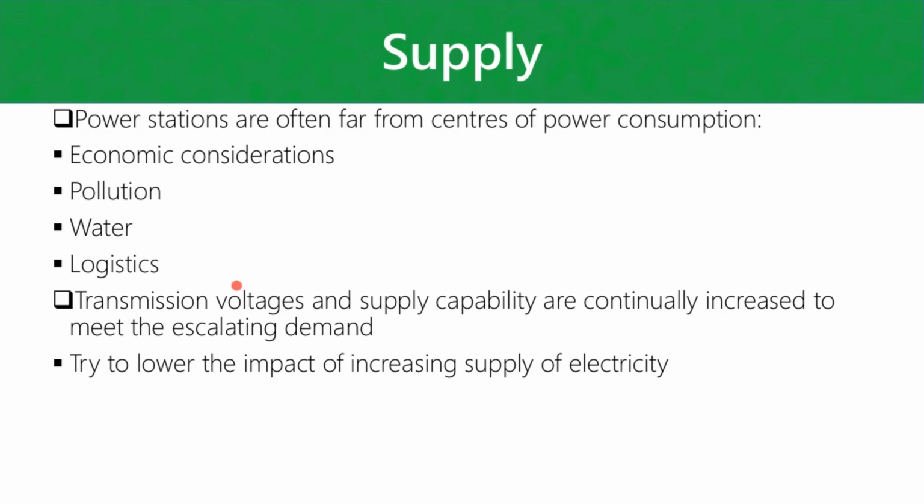But in any case, there's a reason why we build our power stations away from our points of consumption. For one, there's quite a few economic considerations. If you look at most of the coal power stations, a lot of them are built pretty much right next to or on top of the coal mines.